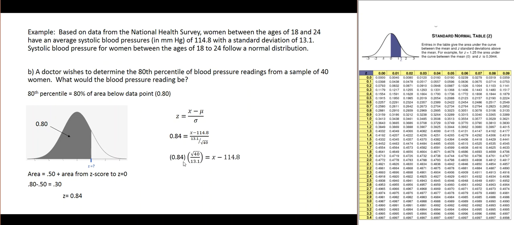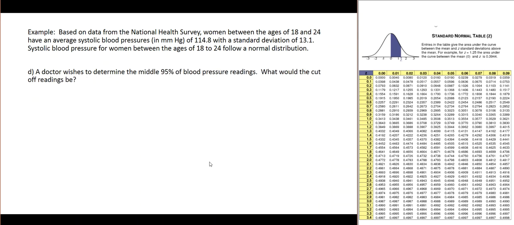So we've got 0.84 times the reciprocal, square root of 40 over 13.1, and that now equals X minus 114.8. Okay, so putting that in our calculator, we've got 0.4055 equals X minus 114.8, and then adding that 114.8 to both sides gives us a cutoff of 115.21.